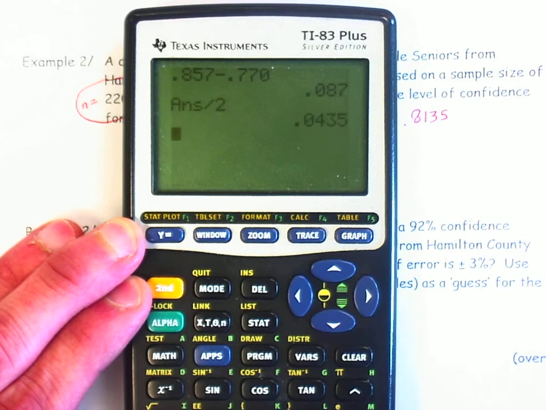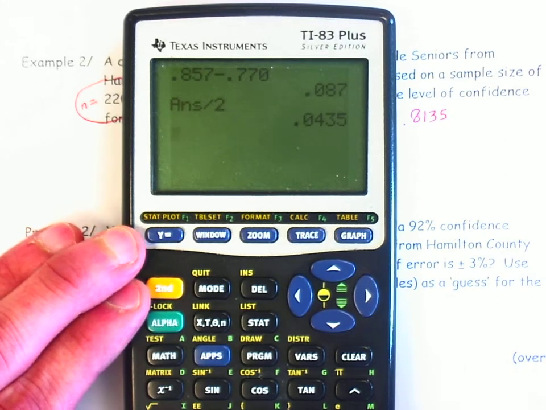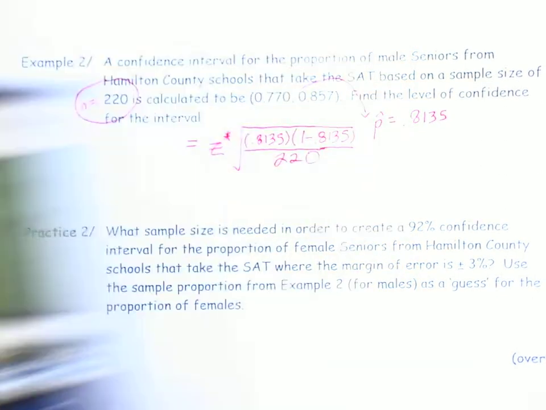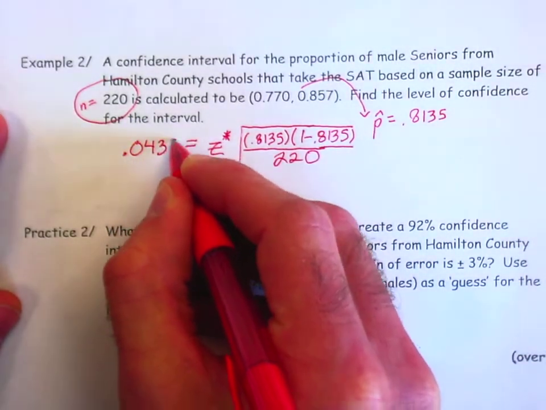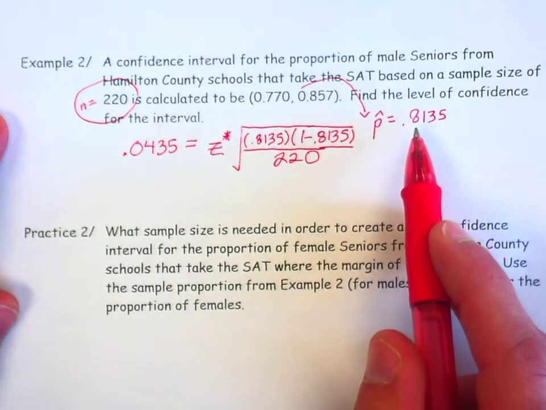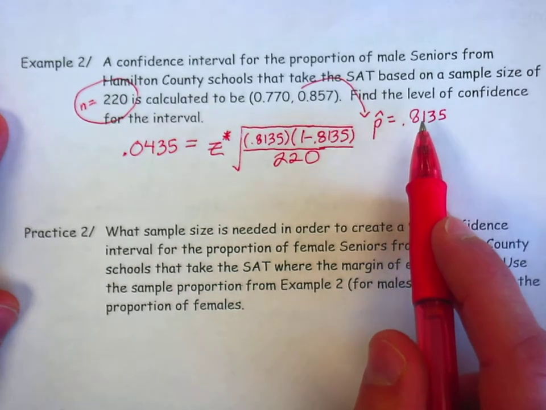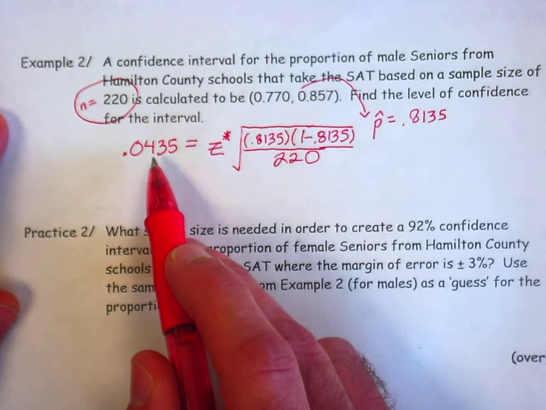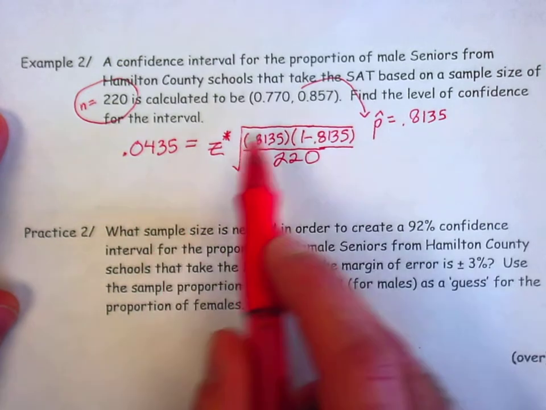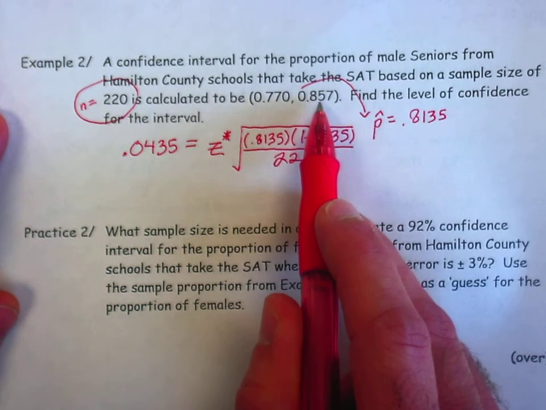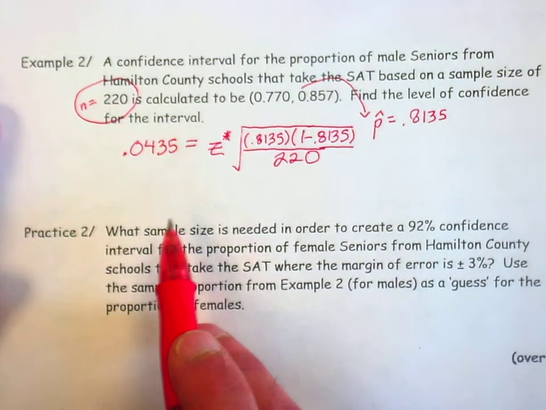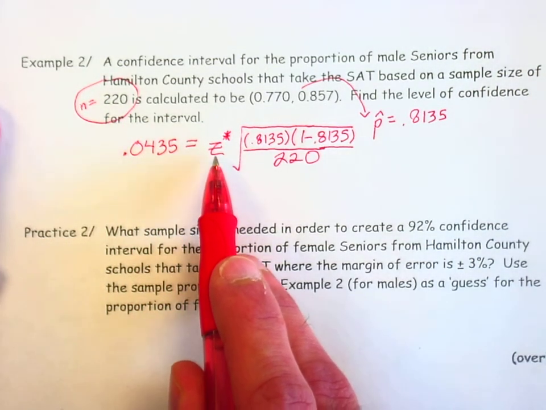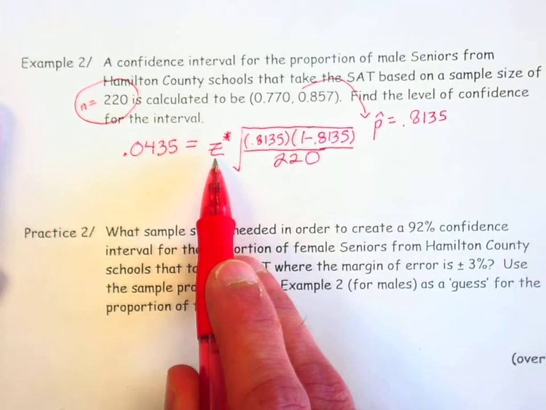And if I cut that in half, that tells me the margin of error is 0.0435. So literally, if I started at the 0.8135, if I added and subtracted 0.0435 from that, that would give me the confidence interval. So that confidence interval, along with the sample size, gave me everything I needed in order to solve and work backwards to find this z star.